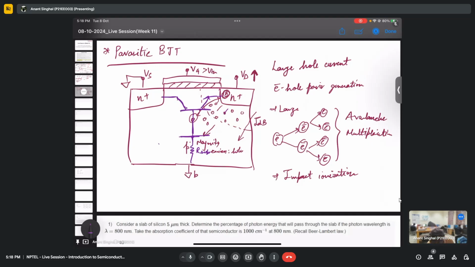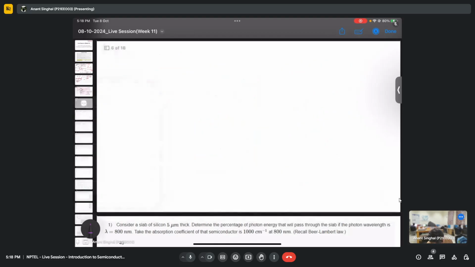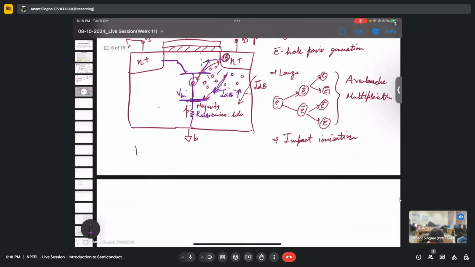As this whole current increases, this IDB increases. What happens? The effective voltage increases, because we are supplying more and more current over this. Let's say the voltage at this node I'm denoting as VBI. So this VBI increases. And what happens? We have this BJT.